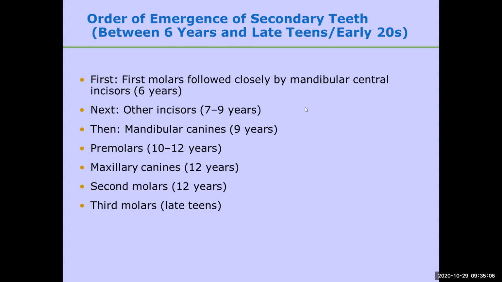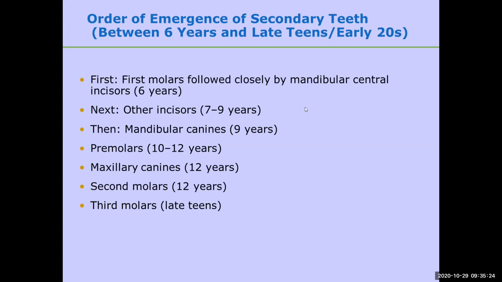And the kids don't even know that they're coming in. The parents don't know that they're coming in. They're behind all the baby teeth. But then it's about the same time that those mandibular central incisors are getting loose. So those are happening simultaneously.